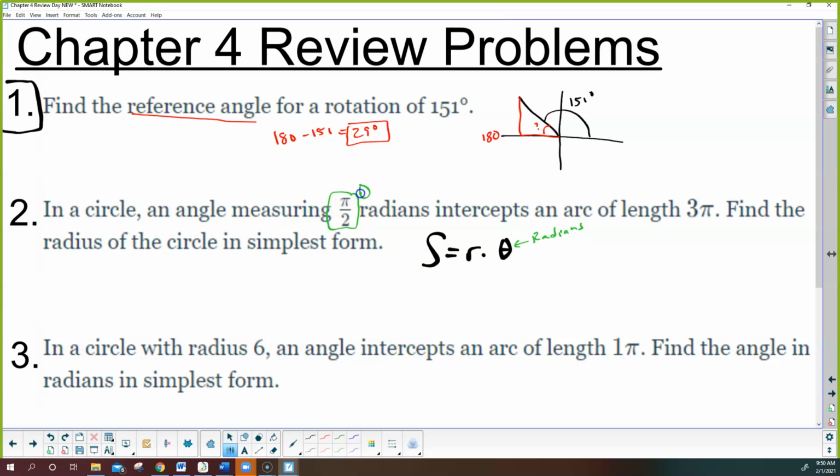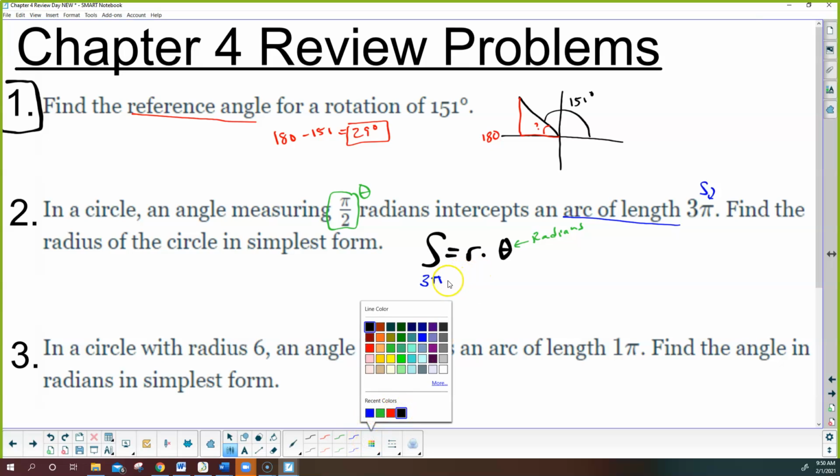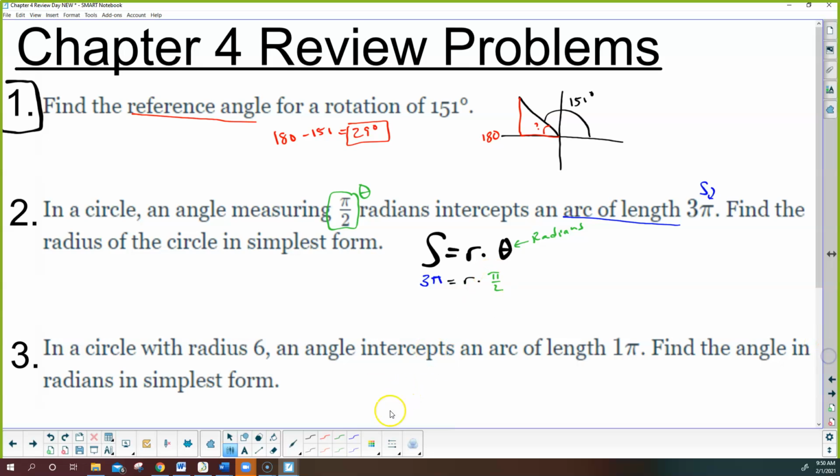Theta is the angle measure, so this is really friendly. And now they give us the arc length. So arc length is S. I'm going to put 3 pi where S is. I have to find the radius, and I'm going to multiply that by pi over 2.